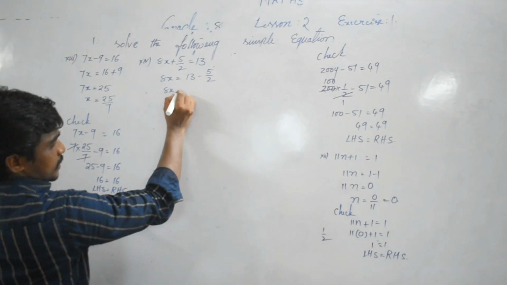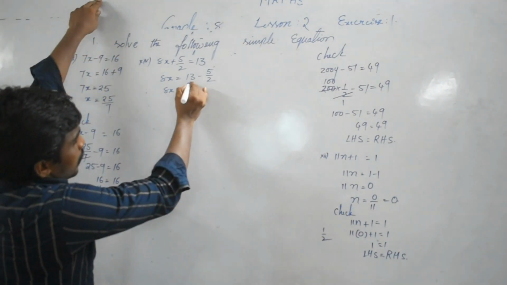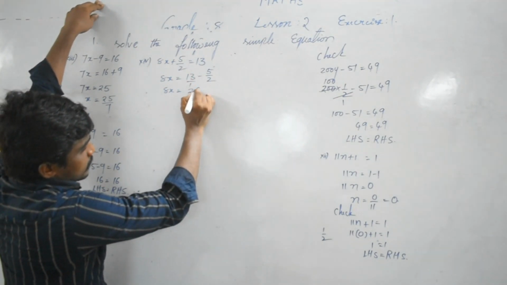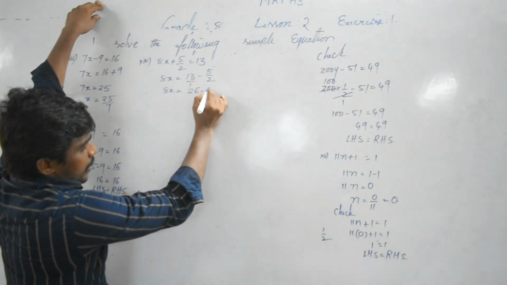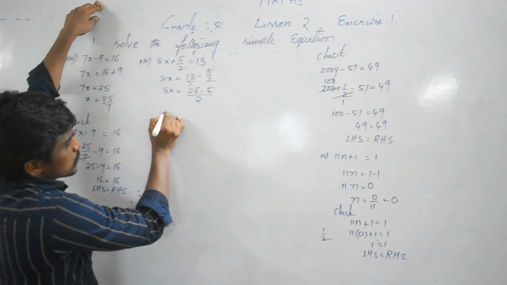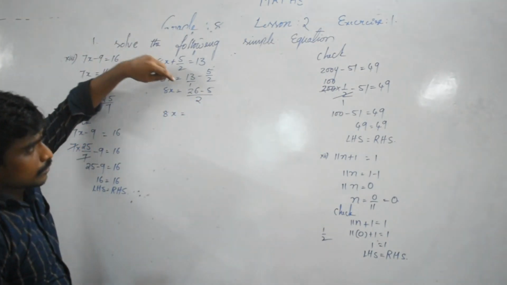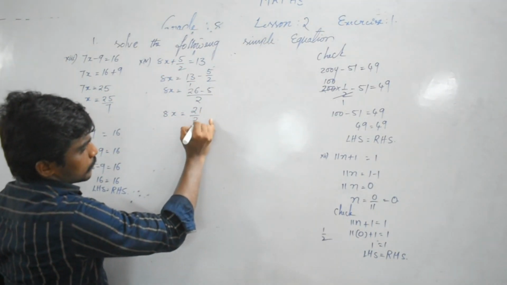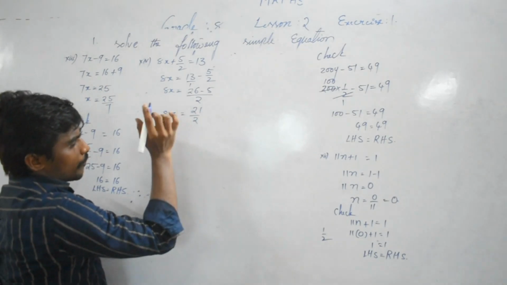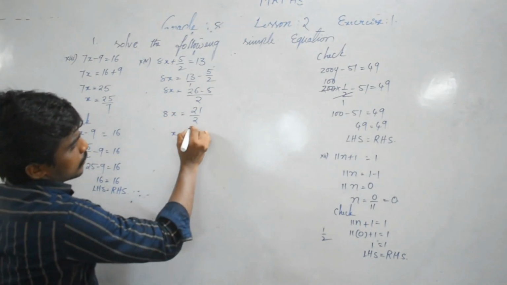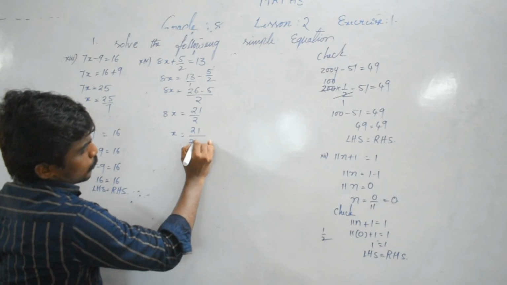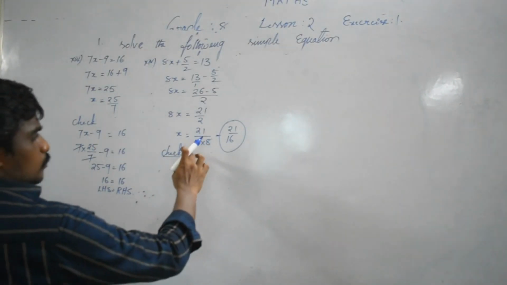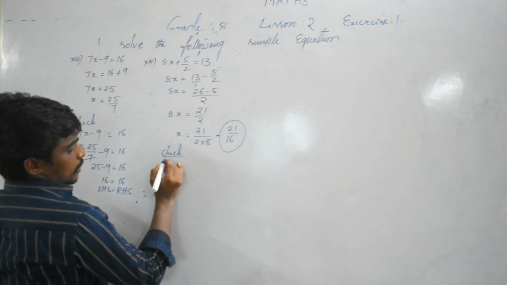Here see 8x equal to, here denominator is 1. 2 13s are 26, minus 5 by 2. So 8x equal to 21 by 2. So now 2 moving this side, x equal to 21 by 2 times 8, so x value is 21 by 16. Check one time.